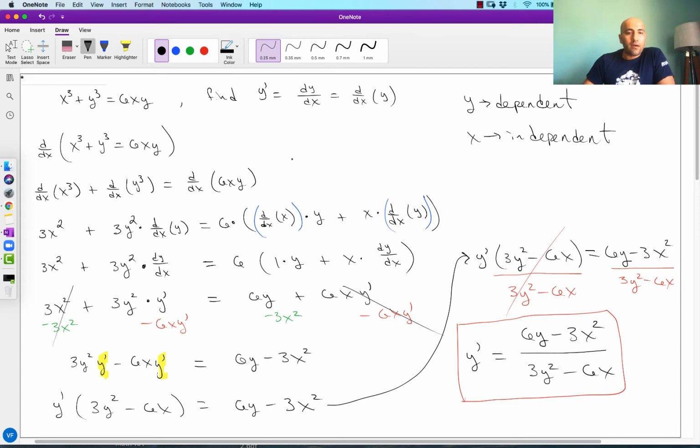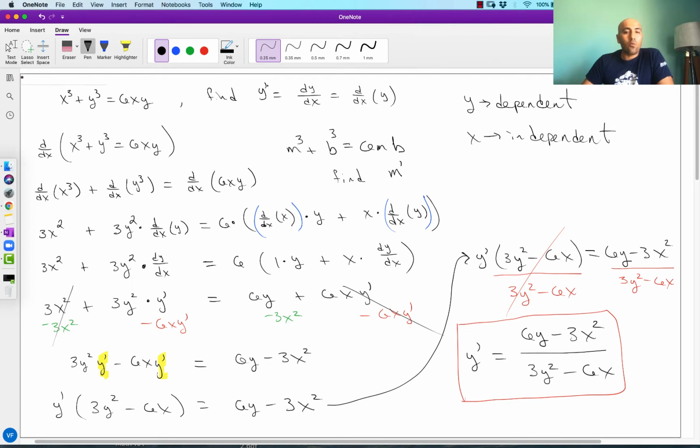But if this was written as m cubed plus b cubed equals 6mb, you're like, okay, well, which one's the y, which one is the x? Which one's the independent, which one's the dependent? The clue you should look for is the question that they ask you. If they say find m prime, that means the variable of differentiation is the other one.